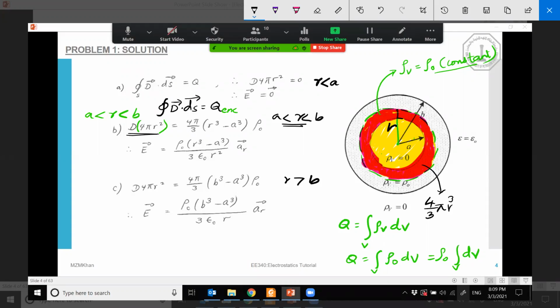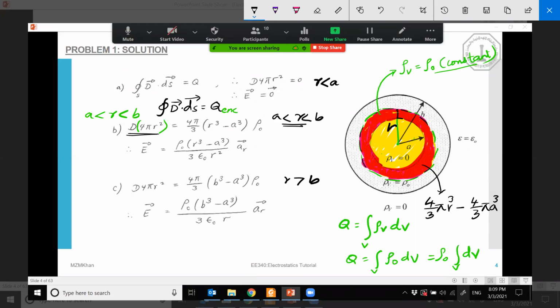From here, I subtract 4/3 πa³, which is the volume of this yellow sphere, because the yellow sphere doesn't have the charge.